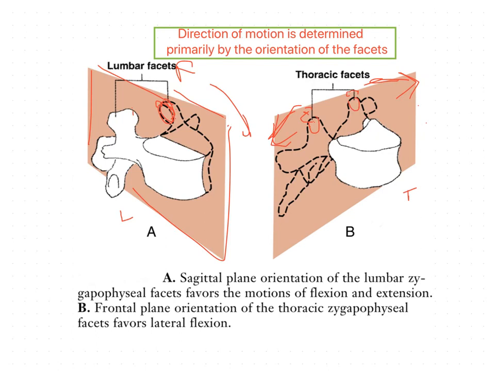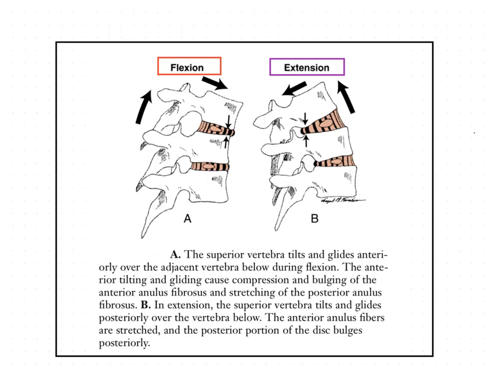Now we will move on to the individual motions, what actually happens during flexion and extension. In vertebral flexion, this one is the flexion and this one is the extension.